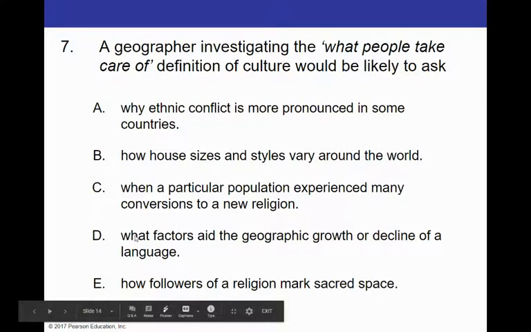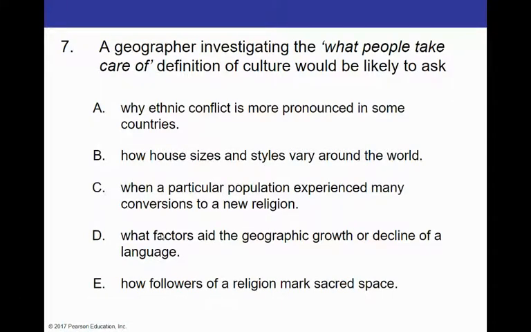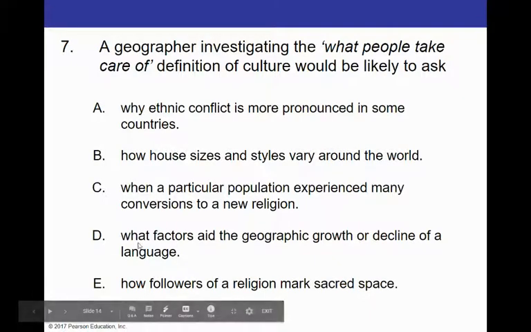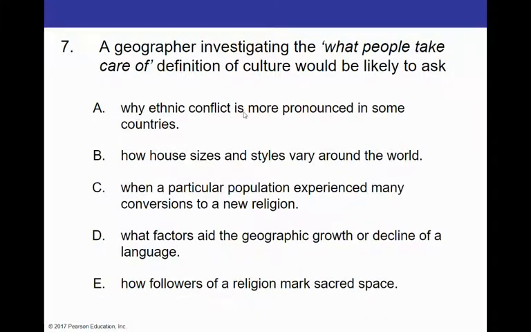So this is one of those stupid answer choices that is totally random and incorrect. You should have also crossed off A, why ethnic conflict is more pronounced in some countries. Again, that's something that people care about, not take care of, so you should have crossed that out. So hopefully you got down between B and C.